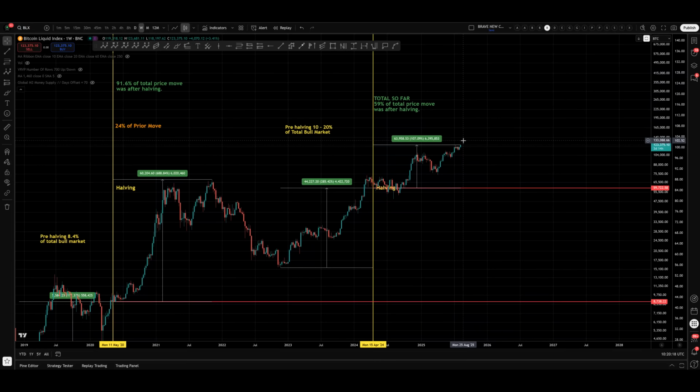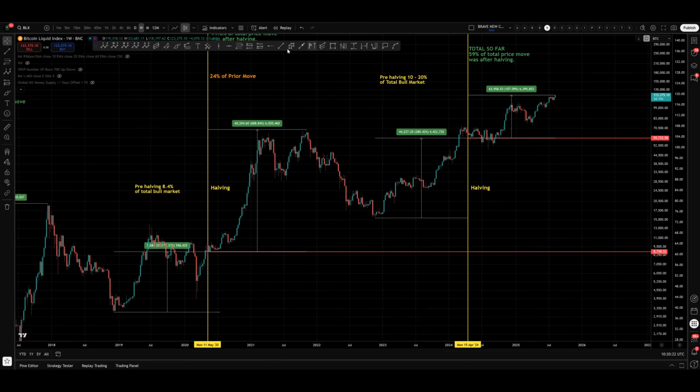Now we're running out of time from a time perspective, but when we look at the final move, which goes into these highs, what can we call it? The parabolic, the parabola, the vertical move which comes out the other side of the curve, we can see that really hasn't happened.